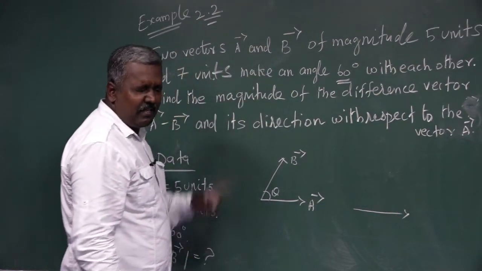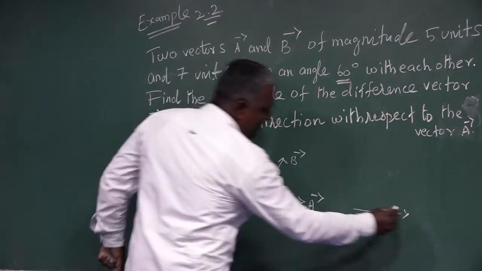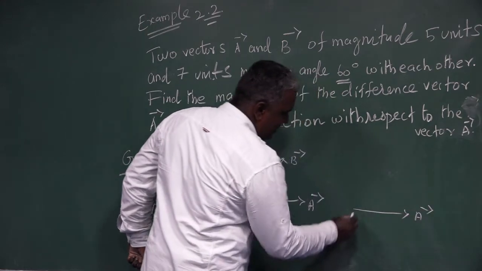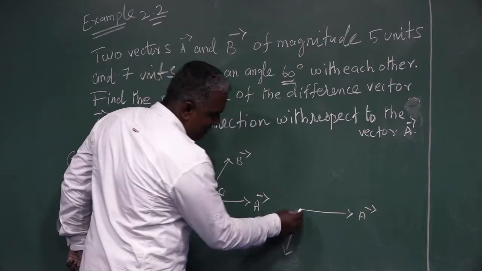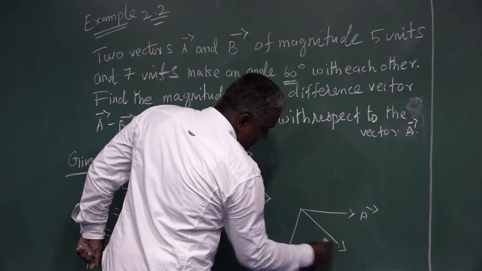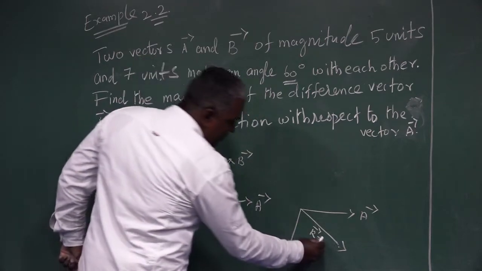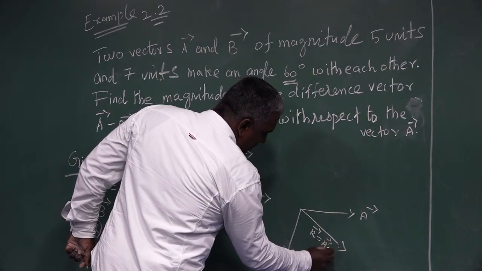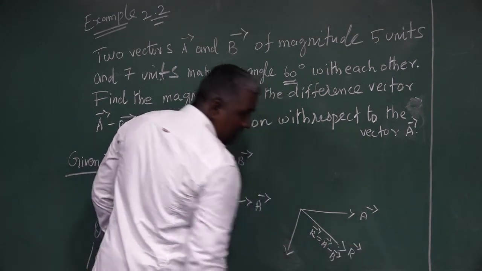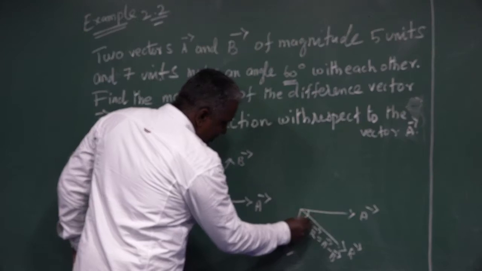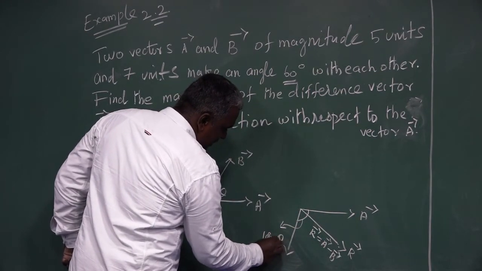Already remember the diagram? This is A vector, this is B vector, and this is the resultant, A vector minus B vector, with angle 180 minus theta.